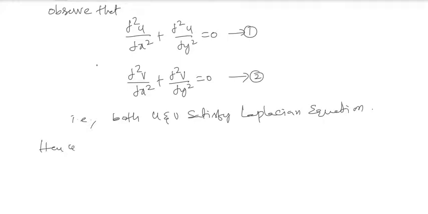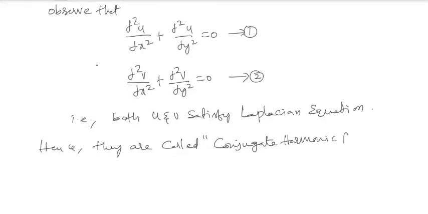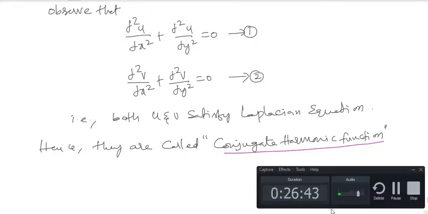Hence they are called conjugate harmonic functions. They satisfy the Laplace equation, that's all. This is called the conjugate harmonic function, and it is a part of your harmonic function.